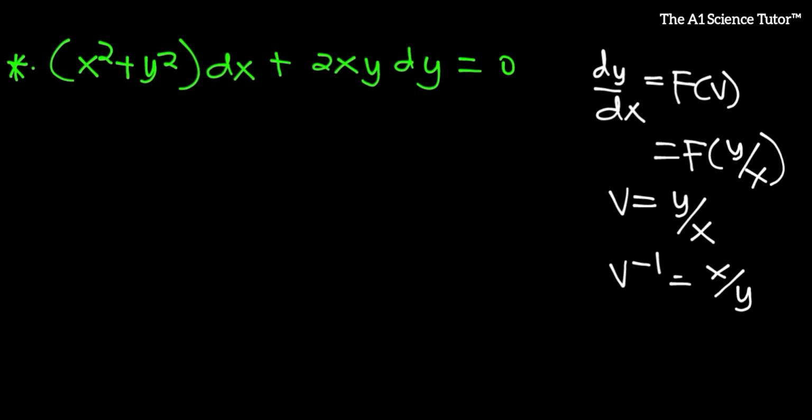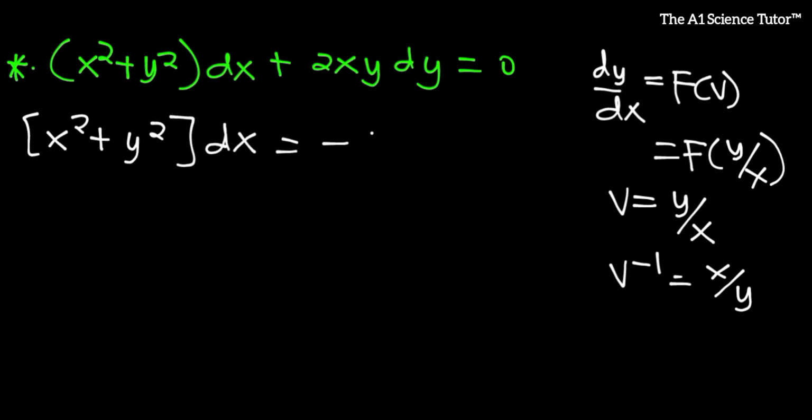Now the first thing I need to do in this question, I need to make dy/dx stand in one place, right? So this is what I'm going to do. First of all, I'm going to take this to this other side. So that will leave us with x squared plus y squared dx, and this is equal to -2xy dy.